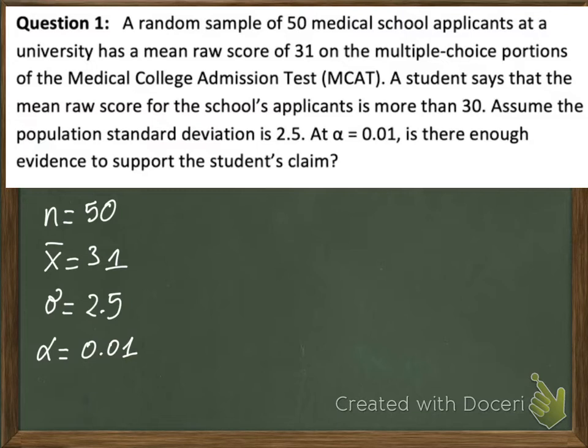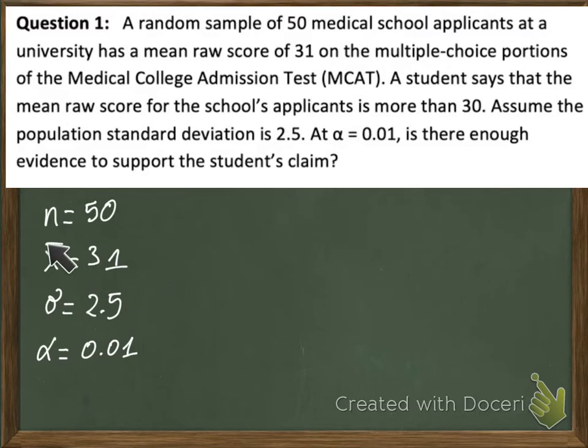So the first thing we want to do is write down all the information, right? So we know that the sample size is 50, n is 50, and we know that the mean raw score of 31 on the multiple choice portions. So that means x bar, the mean score of the 50 applicants here, is 31.